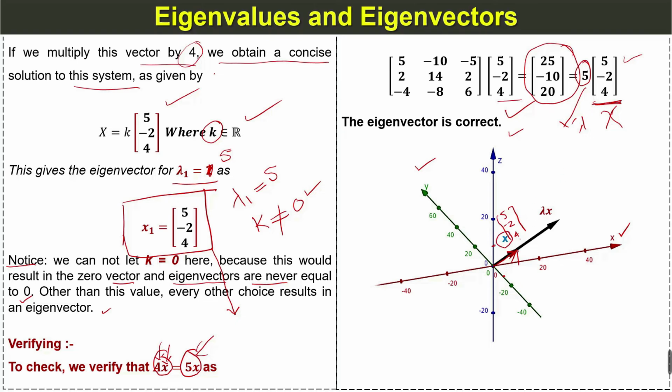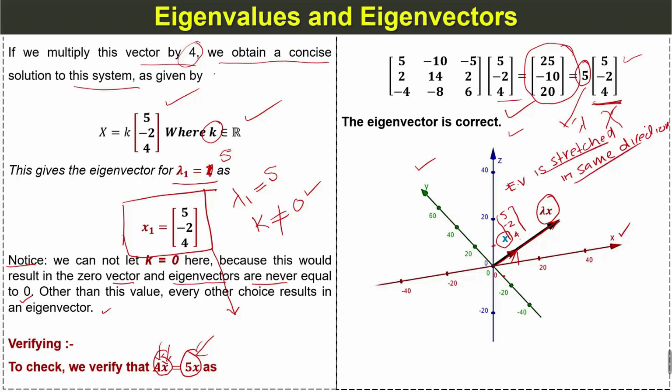After multiplying the vector x with lambda, we can see that the vector is stretching, and in the same direction. The eigenvector is stretched in the same direction.